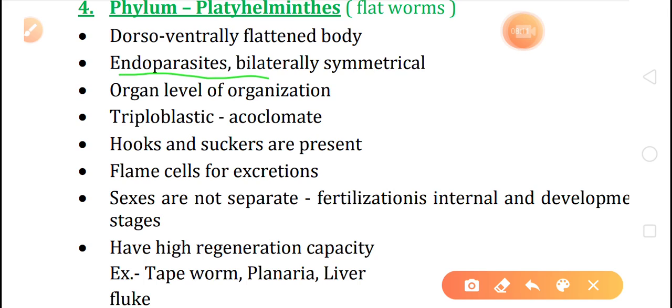Endoparasite means they live on the host body, and without killing the host they take their nourishment, their food. So that's why we say endoparasite. Endo means they live internally, not externally. Inside the organism they are found and they take their food without killing the host.